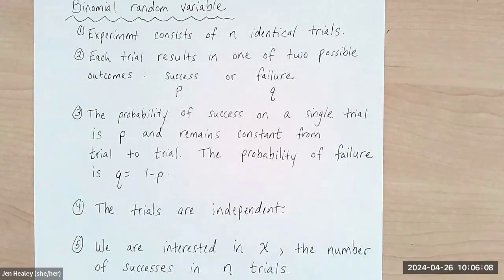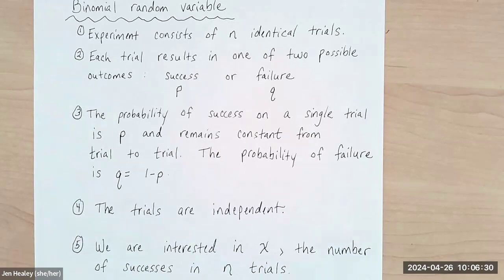So the success and failure probabilities always add up to 100%. If you have a 50% chance of a win or a success, you have a 50% chance of a fail. If you have a 30% chance of success, you have a 70% chance of a fail every time. That doesn't change. It's always got to add up to 100%.